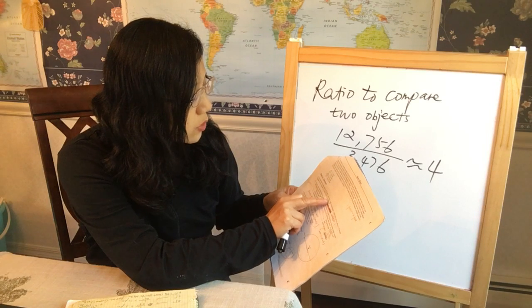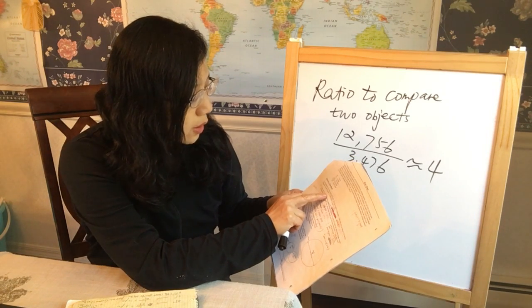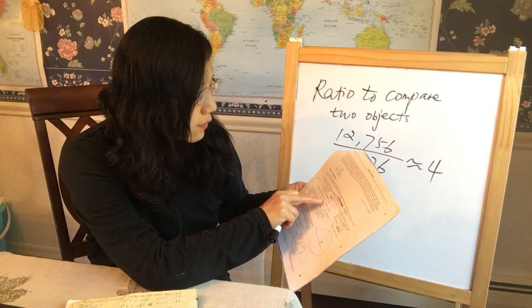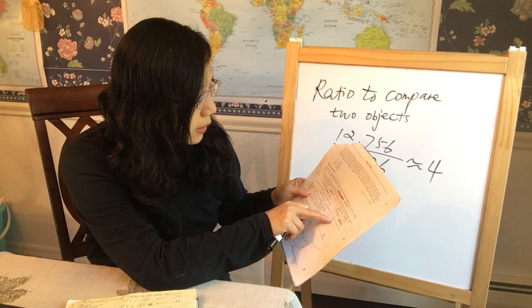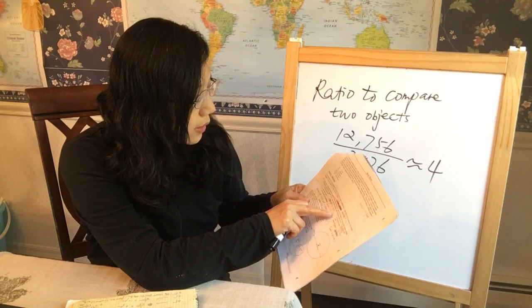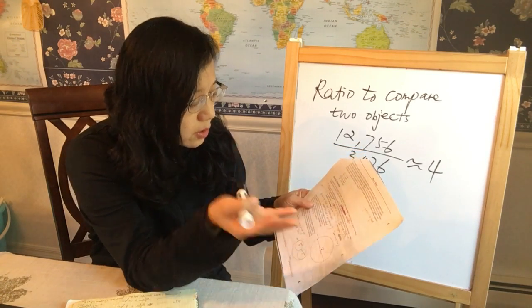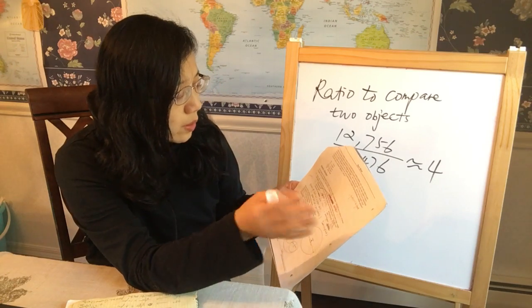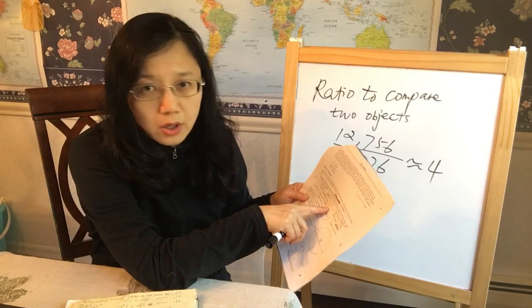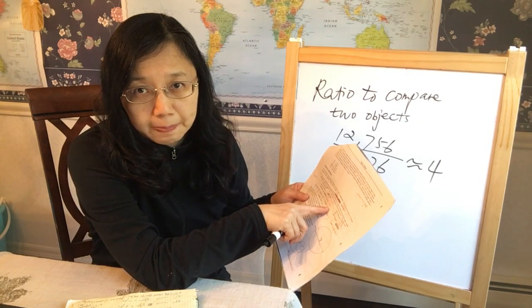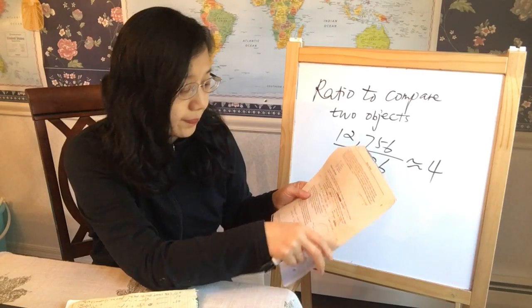We find the Sun is about 110 times bigger than Earth. Then if I use the soccer ball divided by the sand, you can approximately find it's about 100. So 100 is close enough to 110, and that's why we can use a grain of sand and a soccer ball to model the relationship between the Earth and Sun.